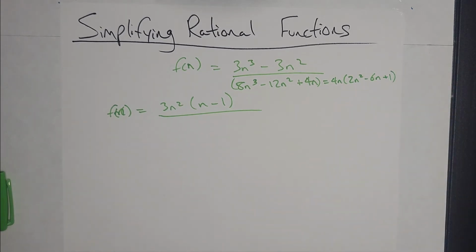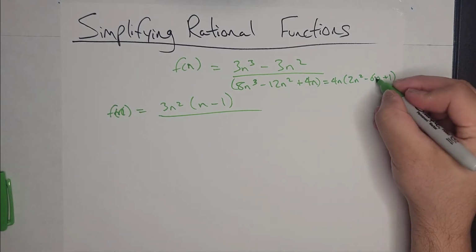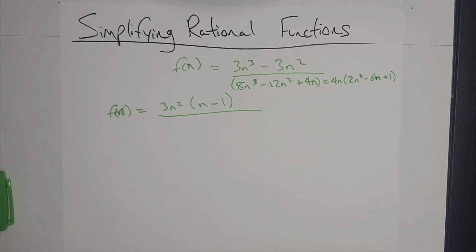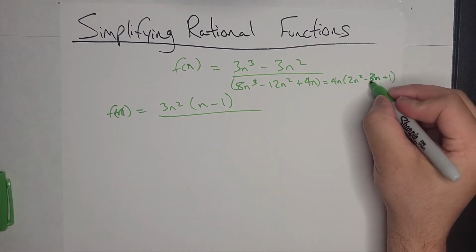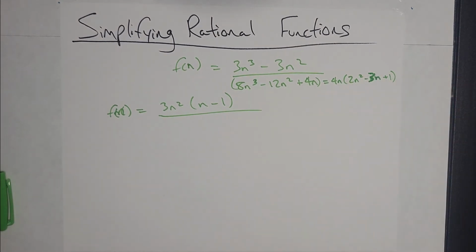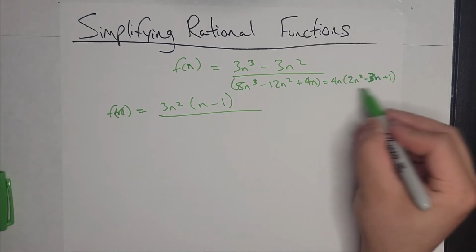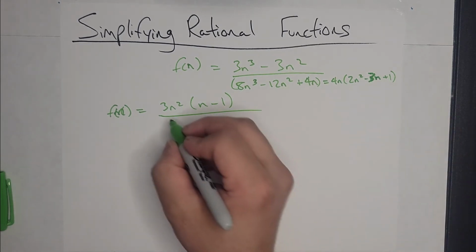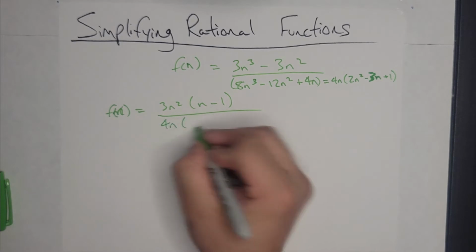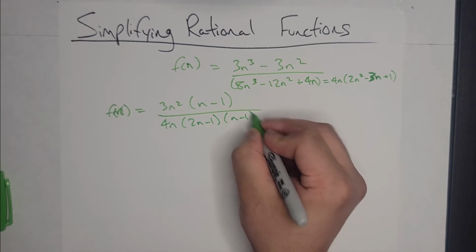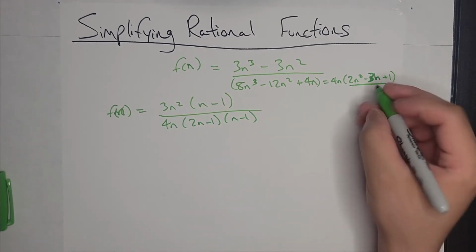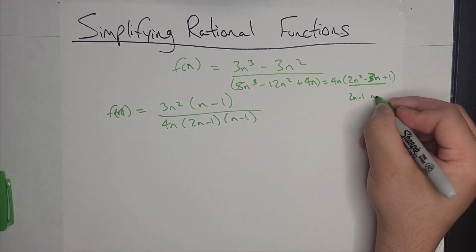And now I'm pretty sure I could factor out that. Oh, sorry, no. If I factor out a 4, I'm left with 3 here. My mistake. Now I can factor this out. So this is very straightforward now. Factoring this out into 2n minus 1 and n minus 1.